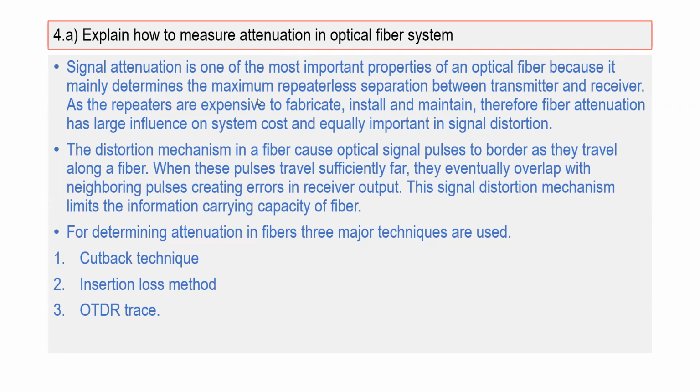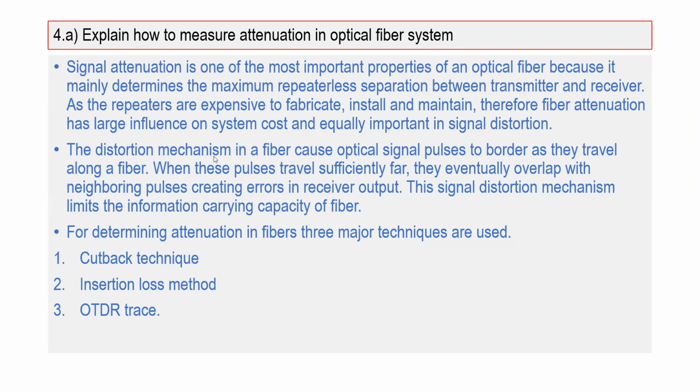As repeaters are expensive to fabricate, install and maintain, fiber attenuation has a large influence on system cost and is equally important for signal distortion. That is, due to attenuation, signal distortion will occur, and the cost of the system will increase because you need repeaters, which are expensive in manufacturing, installing and maintaining.